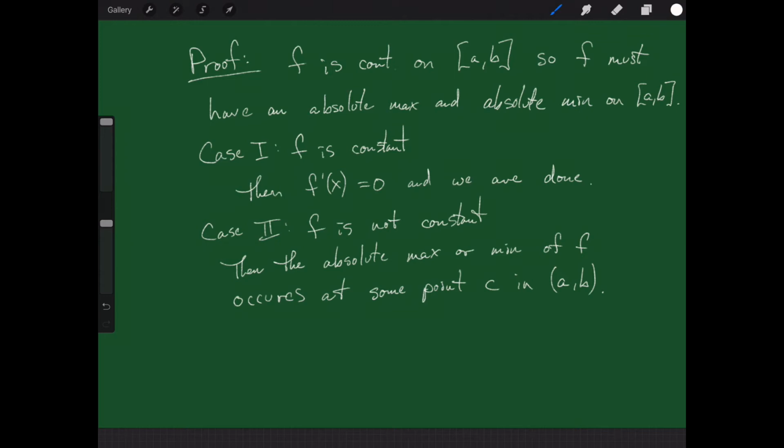But as soon as I know that, well, where do I know that these absolute max and mins can happen? We talked about this before. Absolute maximums and minimums can happen at endpoints, and they can happen at critical values. And so if it's not an endpoint where this absolute max or min is happening, we can say, so C is a critical value.